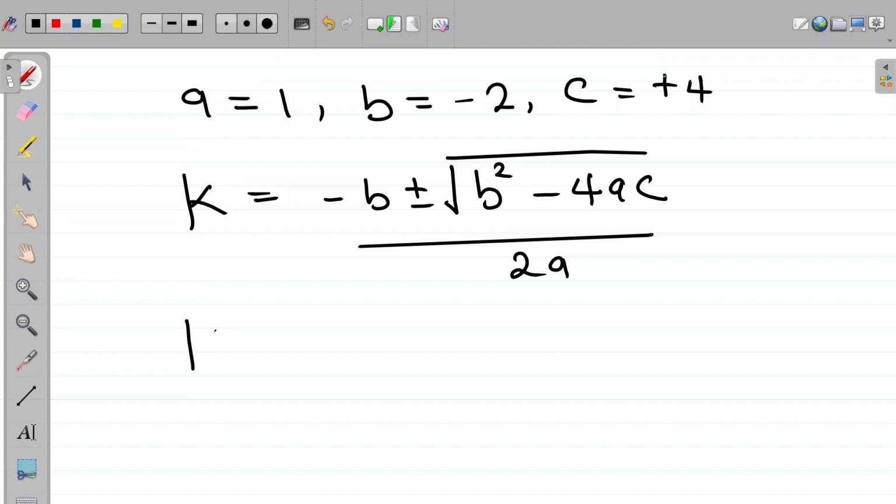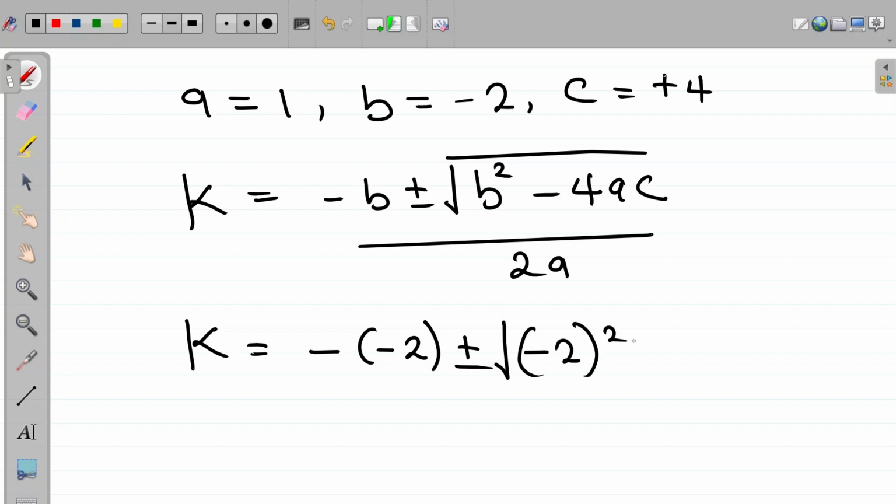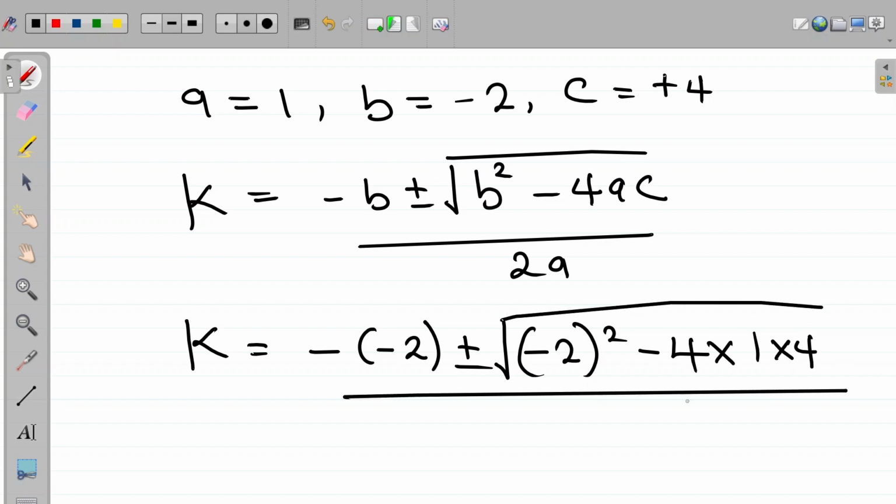So we have that k is equal to minus 2 plus or minus root of b is minus 2, so minus 2 all squared minus 4. A is 1 times, and c is 4. All divided by 2a.